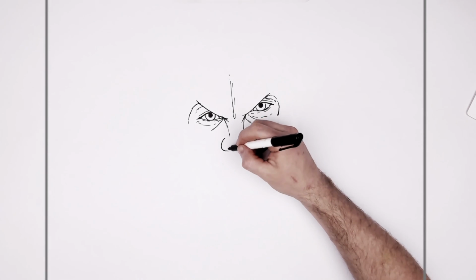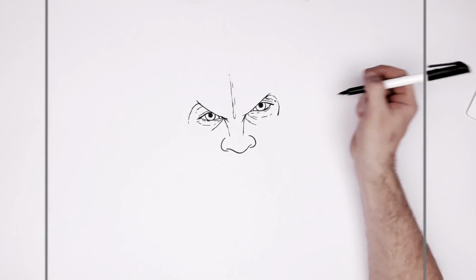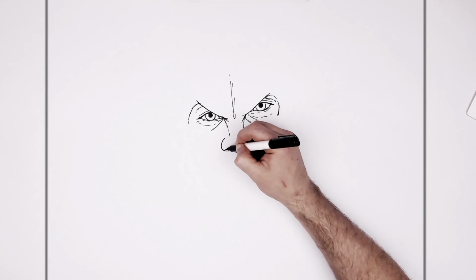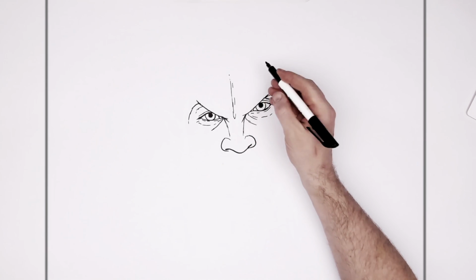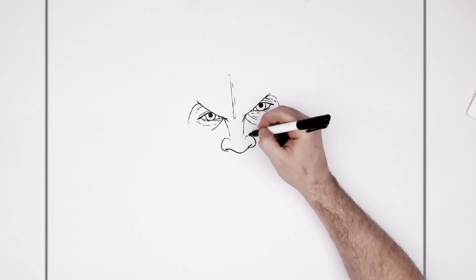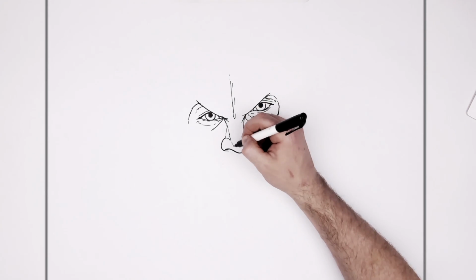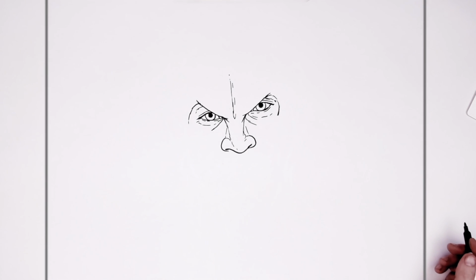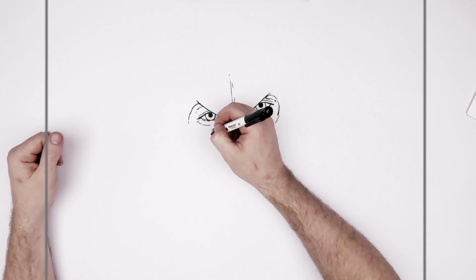And then the tip of his nose down around like that, kind of shadowy in there. These curve around in here as well. Tip of his nose sort of there. Then these weird cheekbones and eye sockets and stuff.